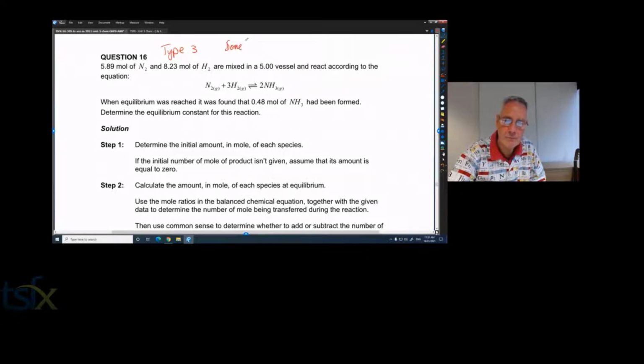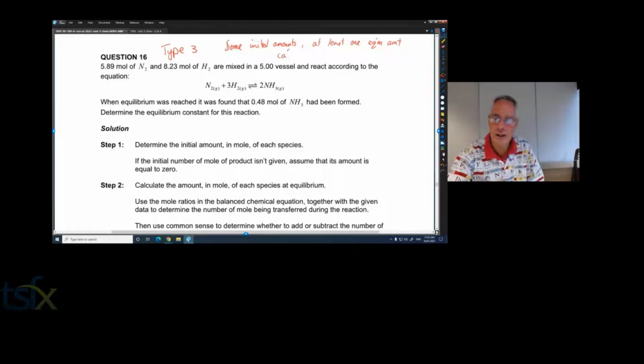Some initial amounts, at least one equilibrium amount. That's how you recognize them. Some of them in initial, at least one is an equilibrium, either amount or concentration.